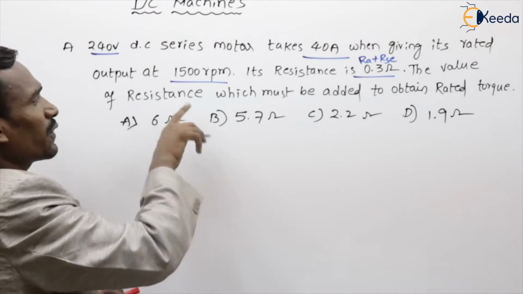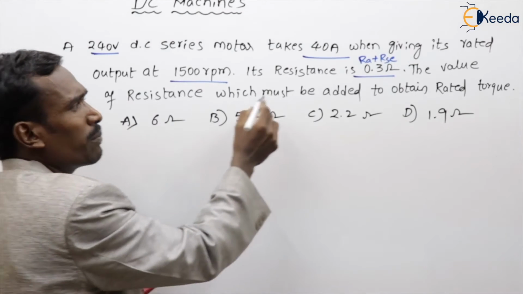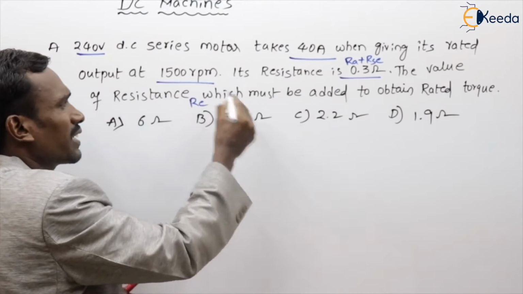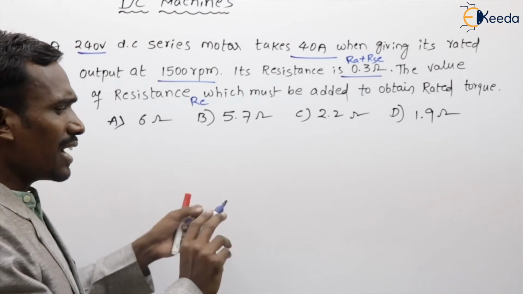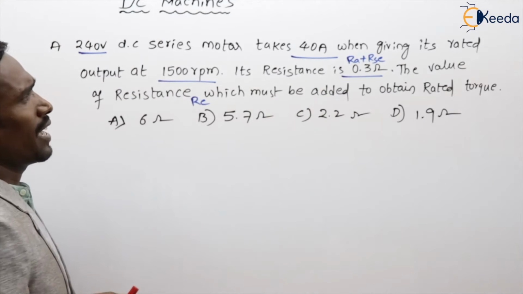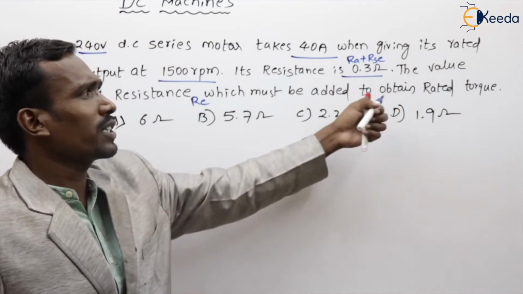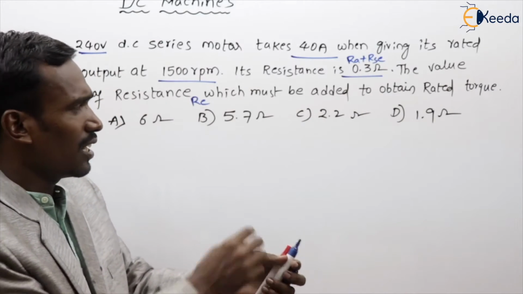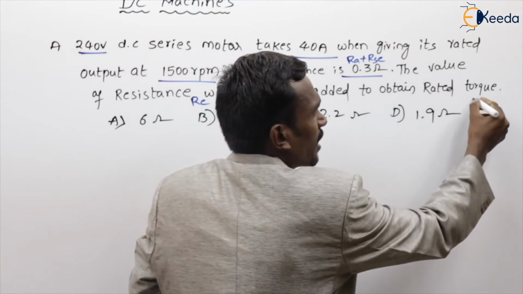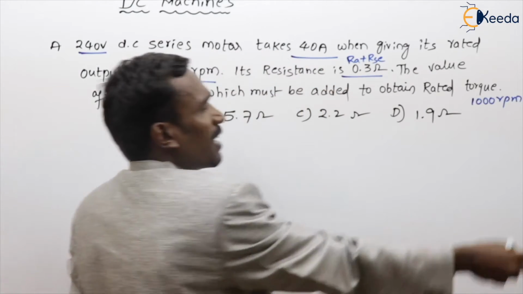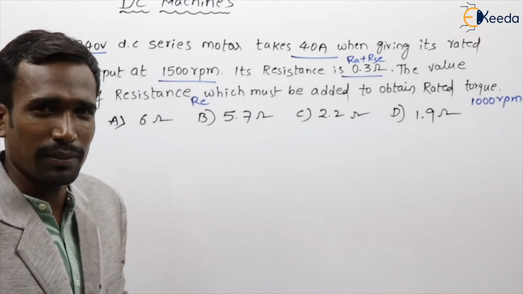The value of resistance that must be added, nothing but the extra resistance required to obtain the rated torque at 1000 RPM.